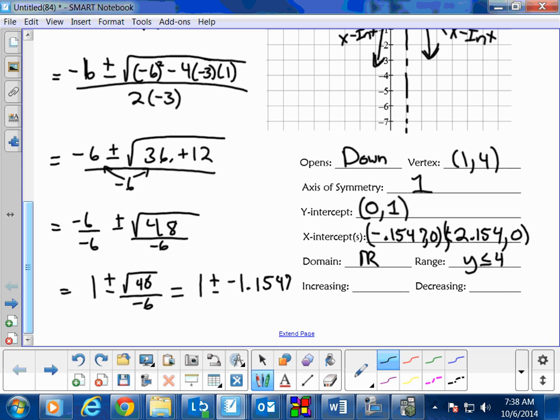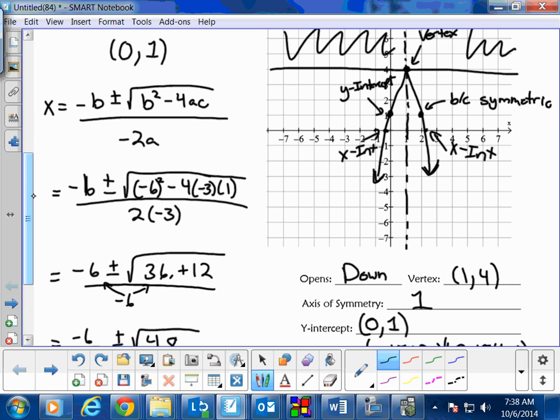Now, when is it increasing, the interval? Well, the interval for increasing, again, we start from negative infinity, because remember, I'm increasing from somewhere over here all the way until I get to this point. This is all my increasing line.